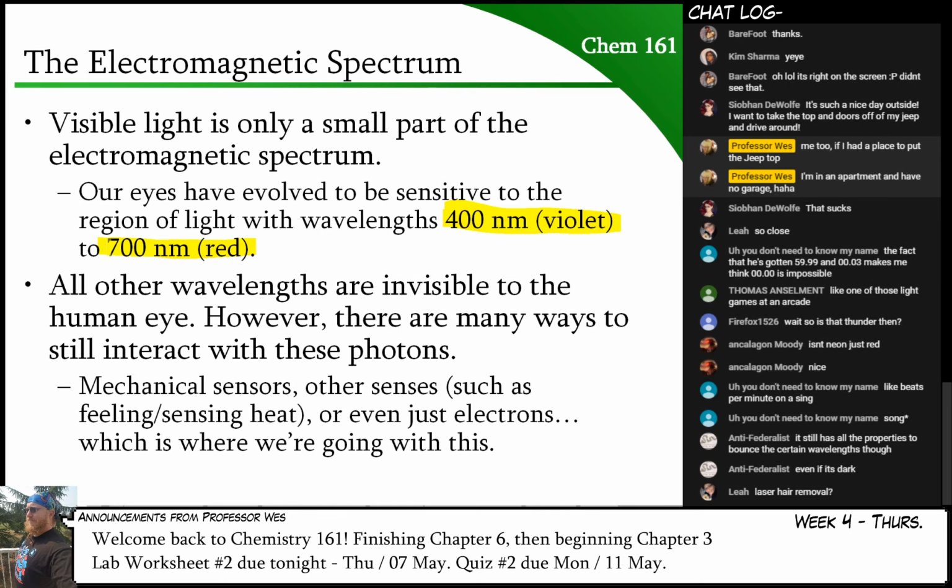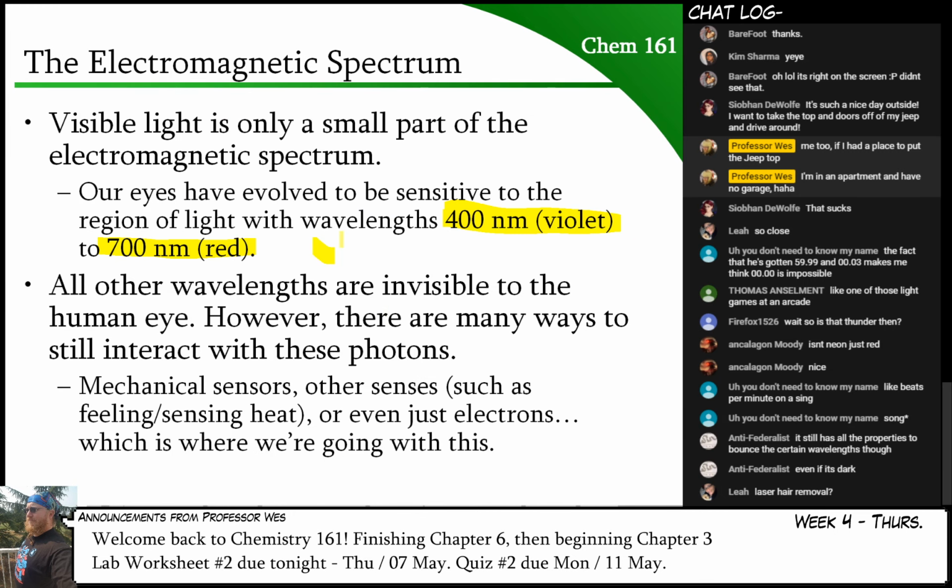You don't get much information because touch is not as finely resolved of a sense as vision is, but it does allow you to get some information. If we use a mechanical sensor, you could get a lot more information about light because it can detect different wavelengths based on molecular vibration or stuff like that. Other devices use electrons to detect light and its influence and how it interacts with them.